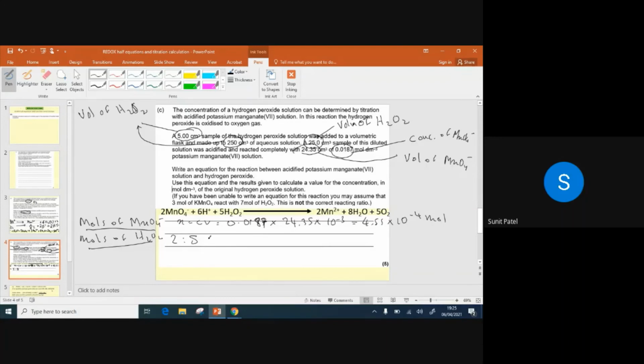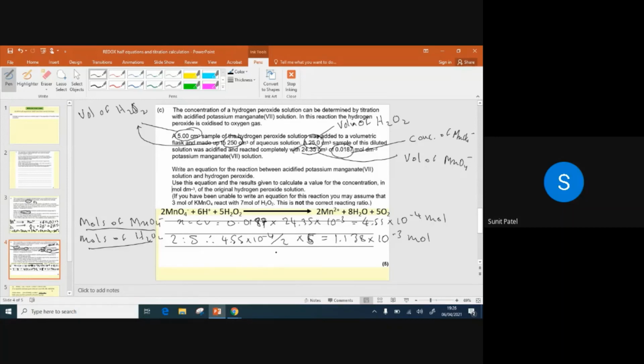So all we need to do is take that number, 4.55 times 10 to the minus 4, divide that by 2, multiplied by 5. Then the answer should come out as 1.138 times 10 to the power minus 3 moles of the hydrogen peroxide. Now that's in the titration mixture.